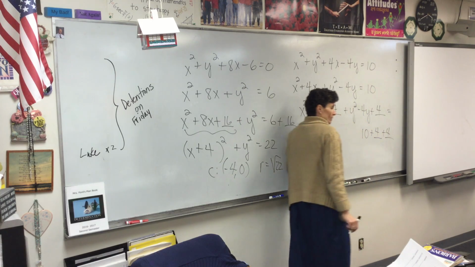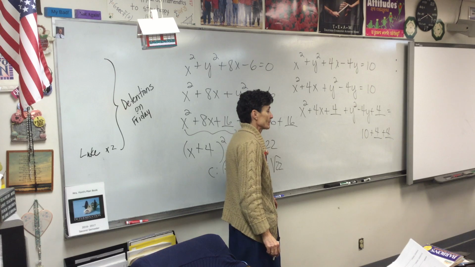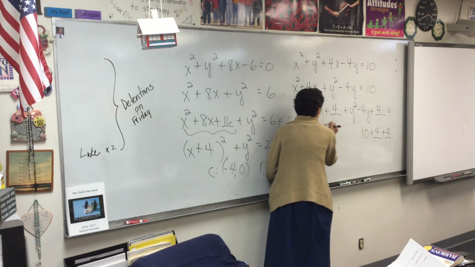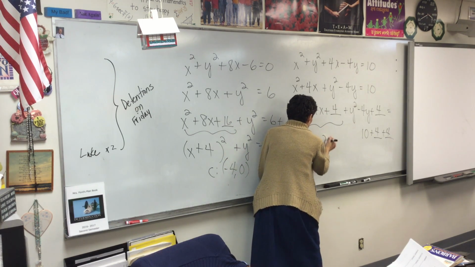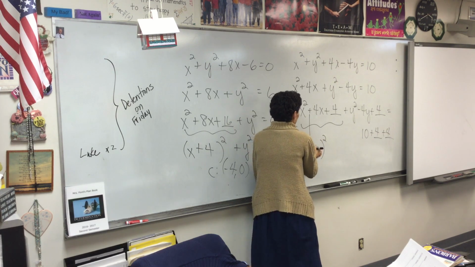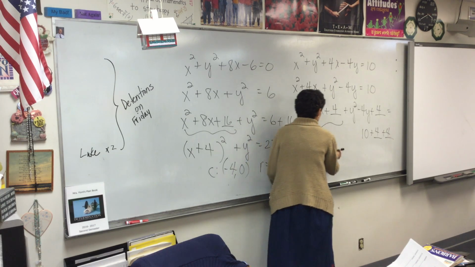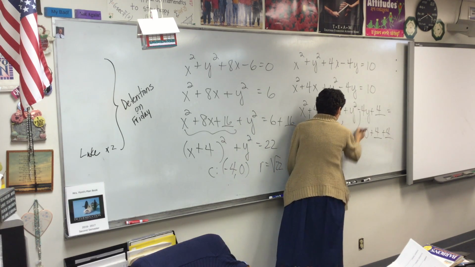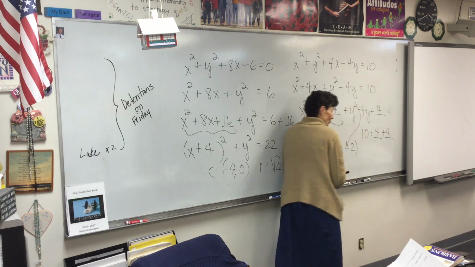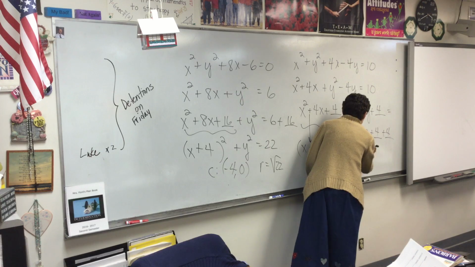There's another 4. Now I got to come up with a square here. X plus 2, and then y minus 2 equals 18.